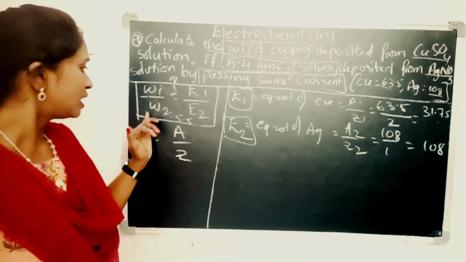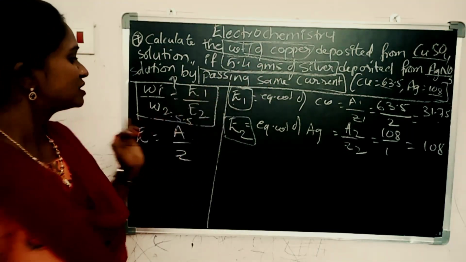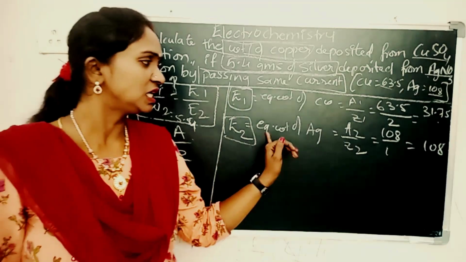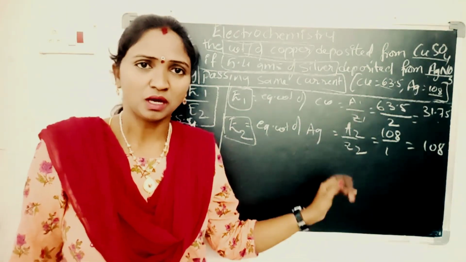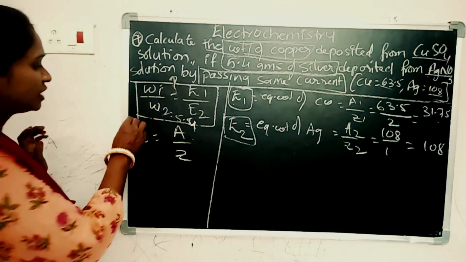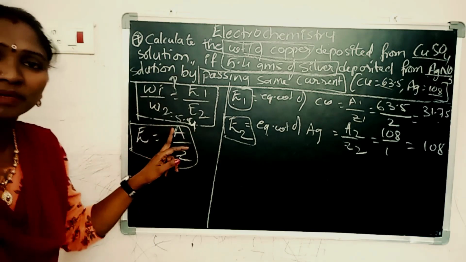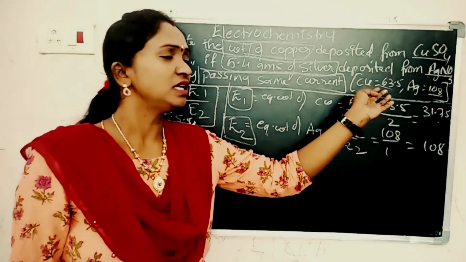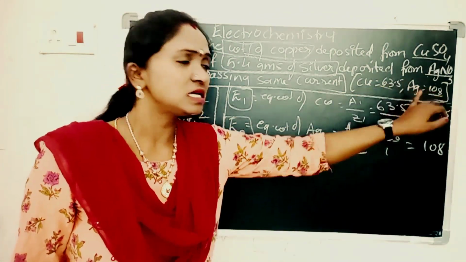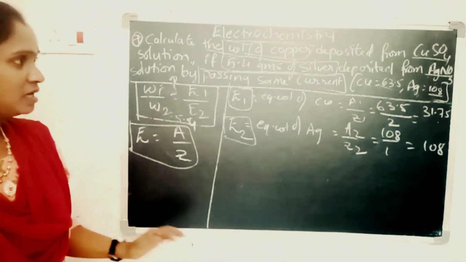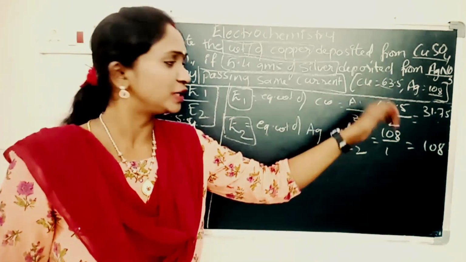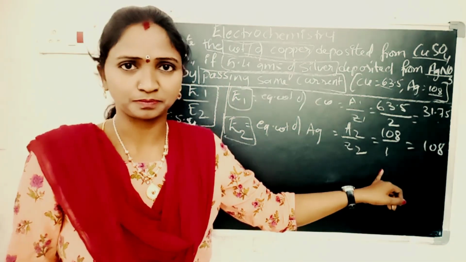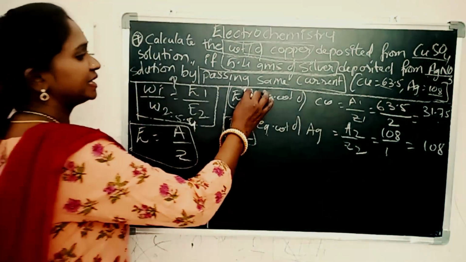W2 is the weight of silver, and E2 is the equivalent weight of silver. But we know the formula: equivalent weight equals atomic weight by valency. Already they have given the atomic weights of copper and silver. The valency of copper is 2 and the valency of silver is 1. So we will get E1 and E2.